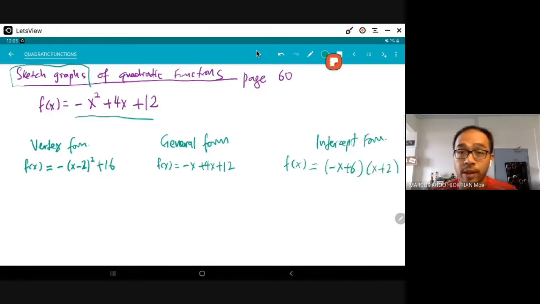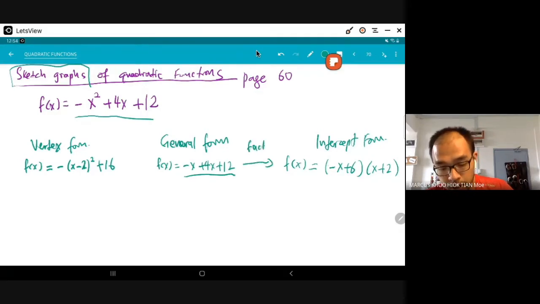Sorry, this is from the textbook, but we can do the same thing. So when you factorize this equation, you will get this. This one is completing the square: we complete the square, we get the vertex form; we factorize, we get the intercept form.